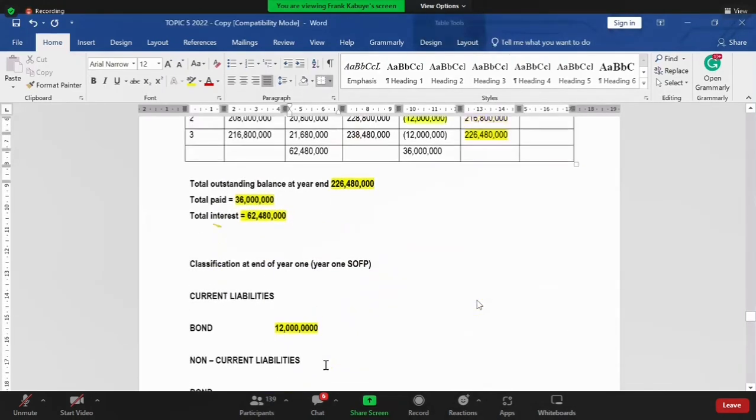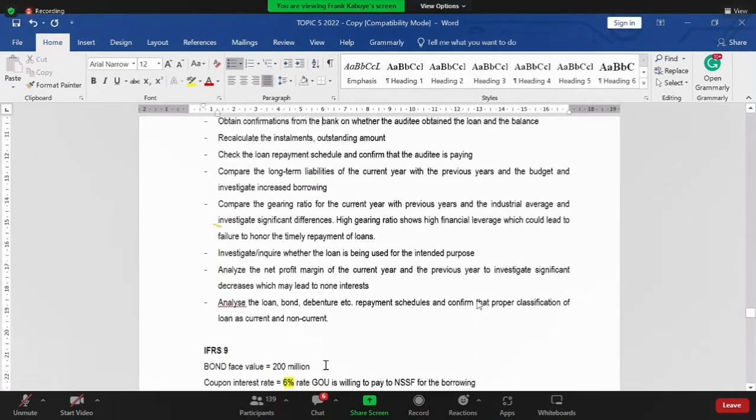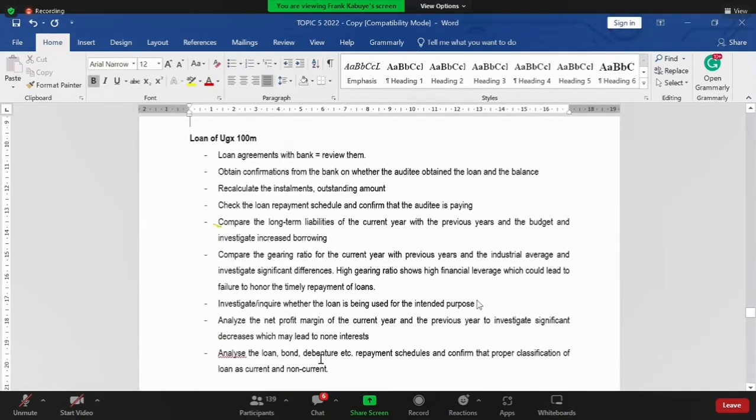So that's why I'm saying that there should be this test: analyze the loan, bond, debenture, its repayment schedules, and there should be proper classification in the form of current and non-current liabilities or obligations.